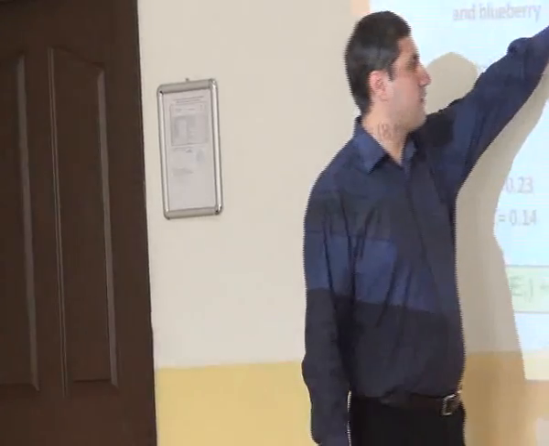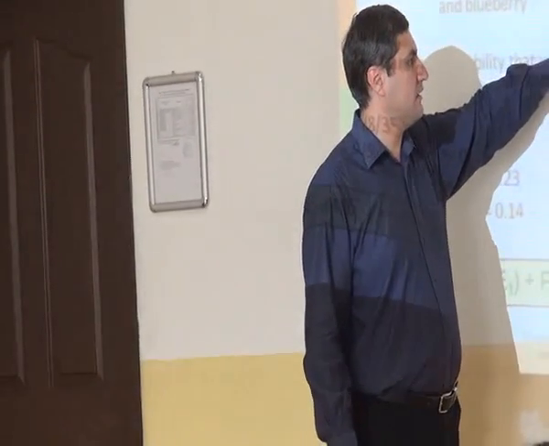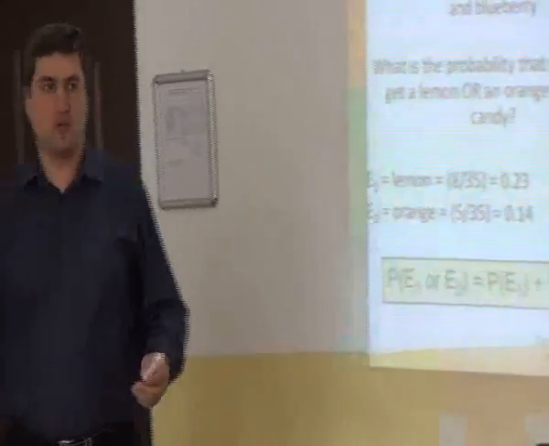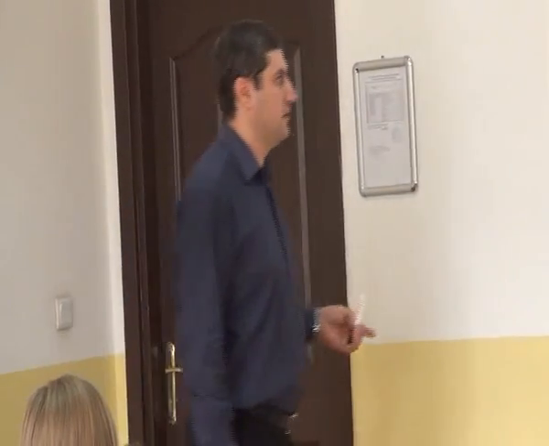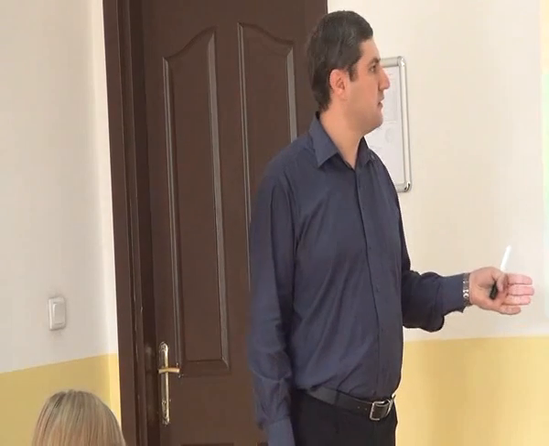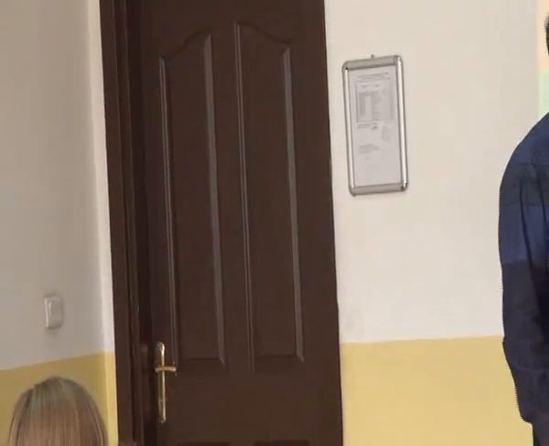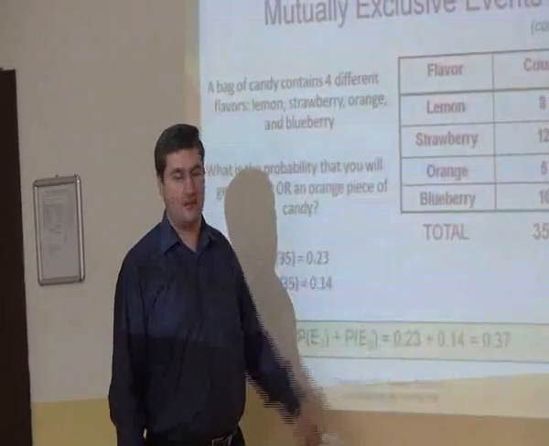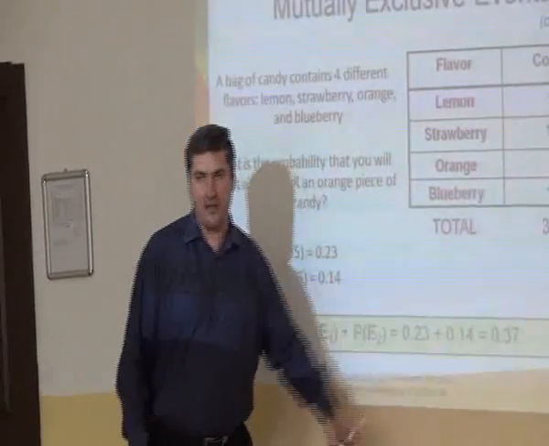Are these events overlapping, getting a lemon and getting an orange? If you take one and you get a lemon, then you will not get an orange. So these events are not overlapping. If one happens, then the other doesn't happen. Because of that, we are not subtracting anything.